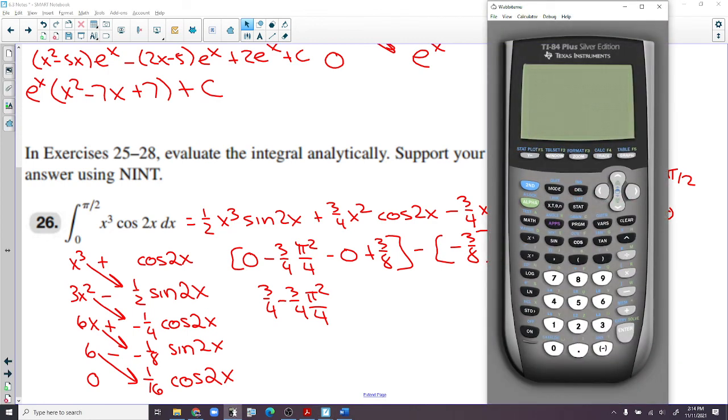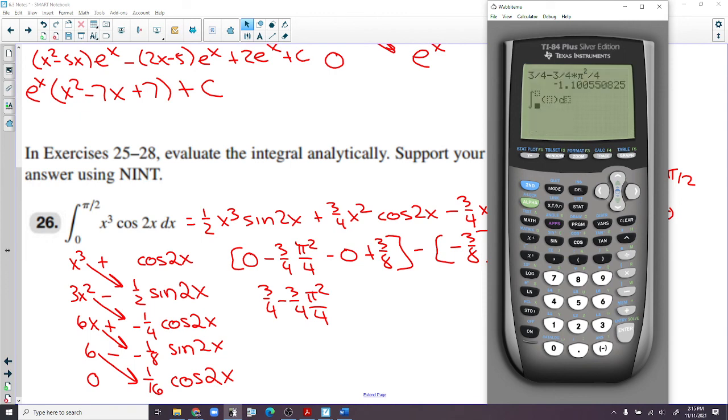3/4 minus 3/4 times, somebody wants in, I'm almost done. Okay, that's the decimal value.